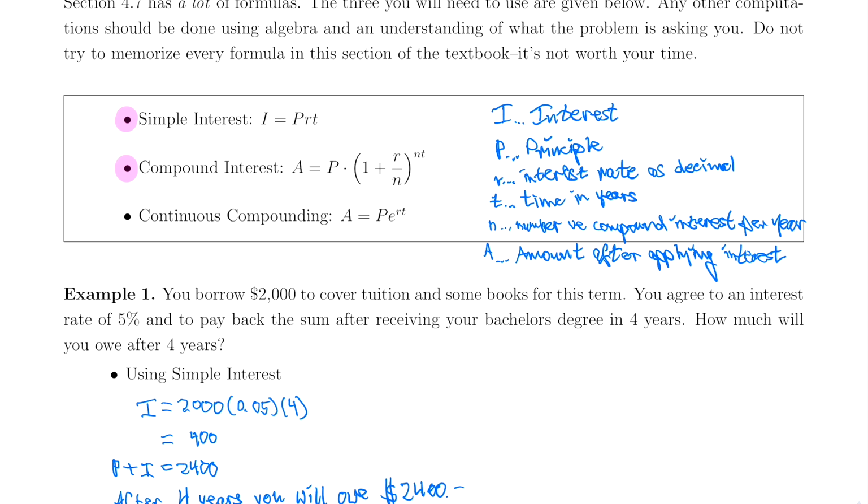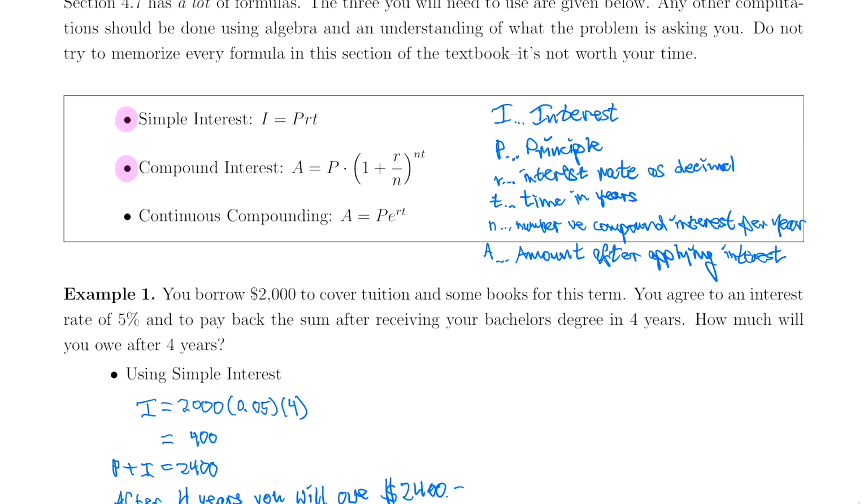So how does that look in action? Now we are looking into n, the variable n, a little bit more in the next video, where we will calculate for different amounts of interest. In this case, we're just going to do once per year. That means n will be 1, and everything else stays the same.